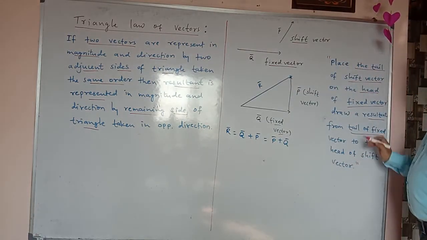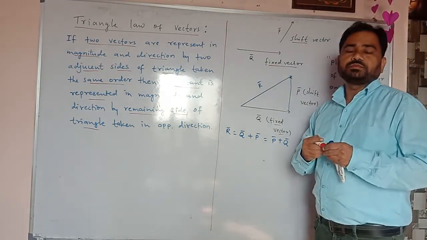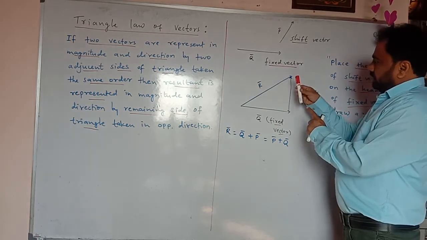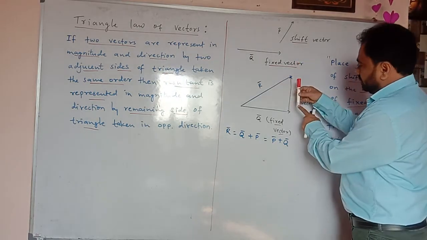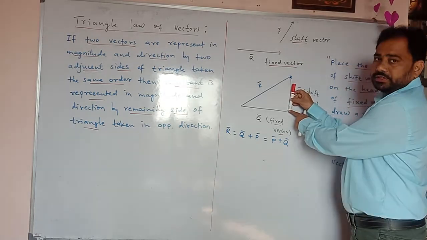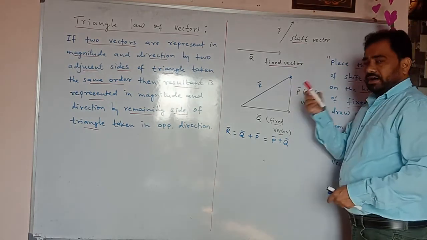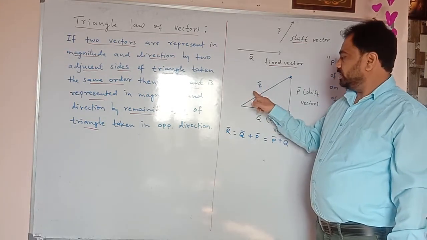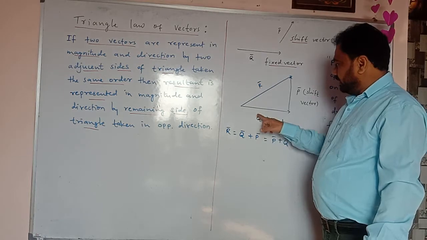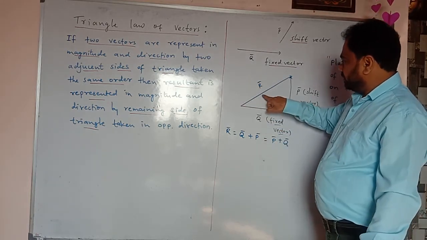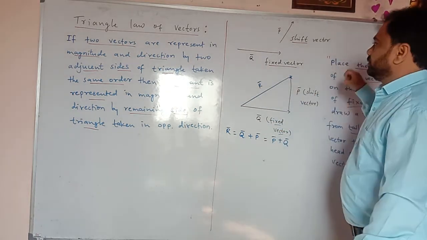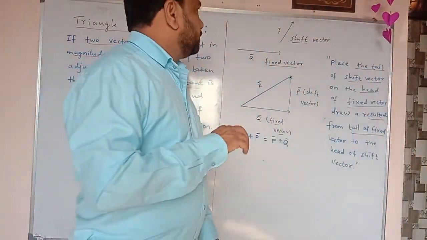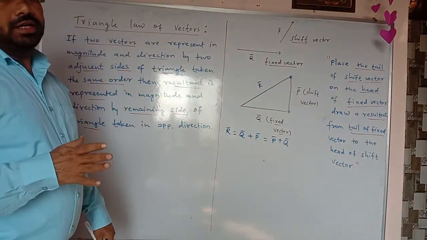Just remember two points: the tail of the shift vector is placed on the head of the fixed vector, and to draw the resultant, you start from the tail of the fixed vector to the head of the shift vector. These are very simple tricks which you have to memorize. So this is about the triangle law of vector addition.